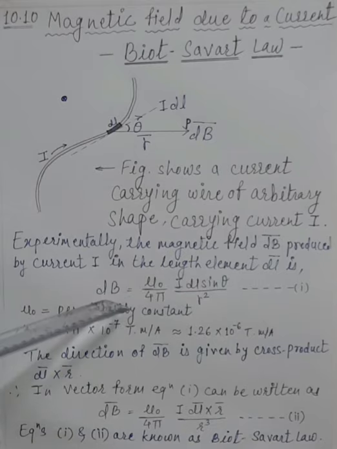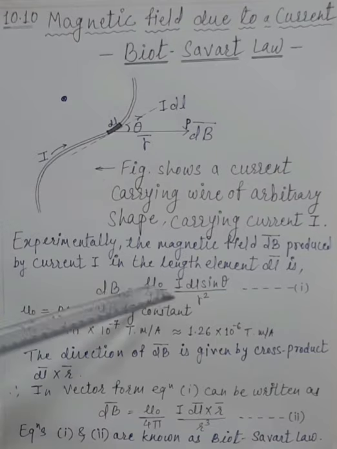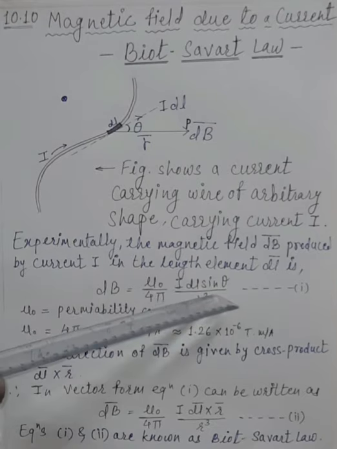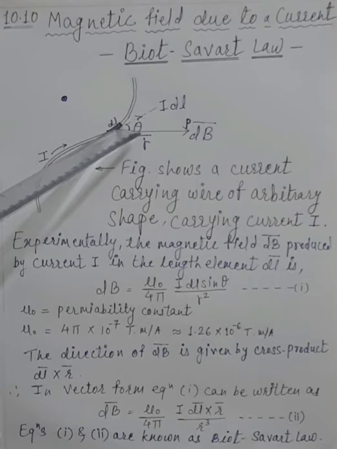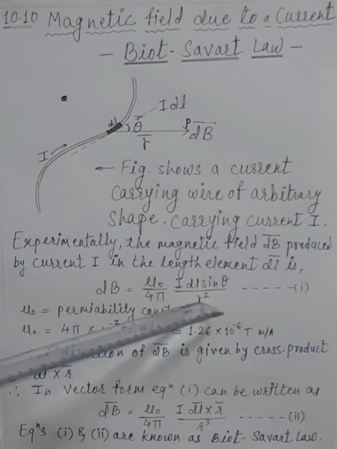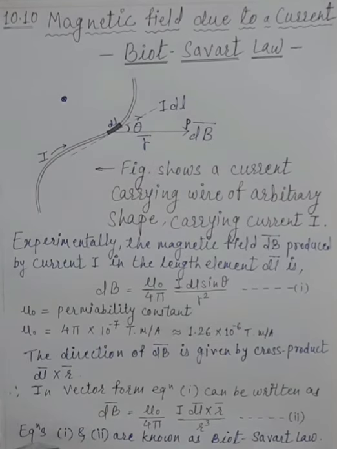So we can say that the magnetic induction due to the current flowing through this small element dl is directly proportional to the current I flowing through the element, dl the length of the element, and sin theta, the sine of the angle theta between the line joining the point P to the element dl and the center of the element dl, and inversely proportional to the square of the distance between the point and the length element dl. So equations 1 and 2 are called the Biot-Savart law.